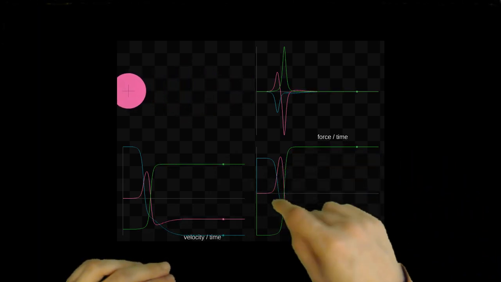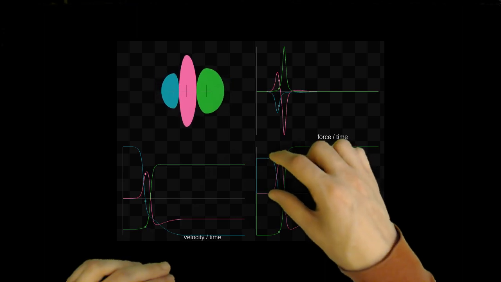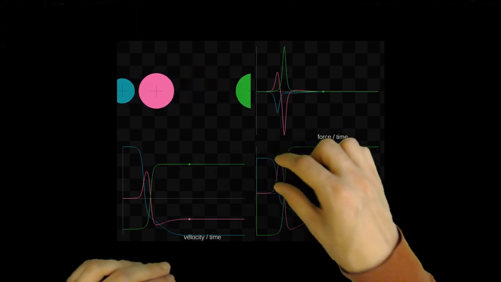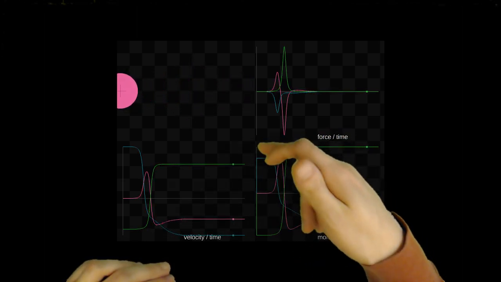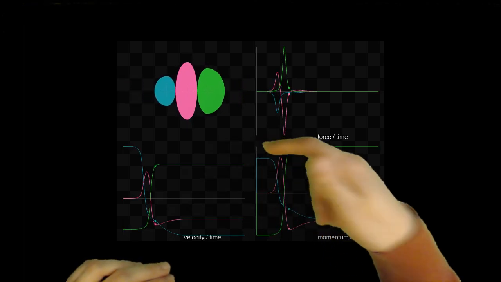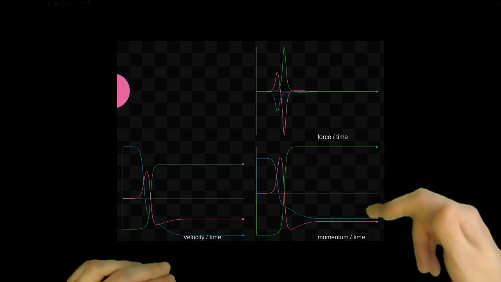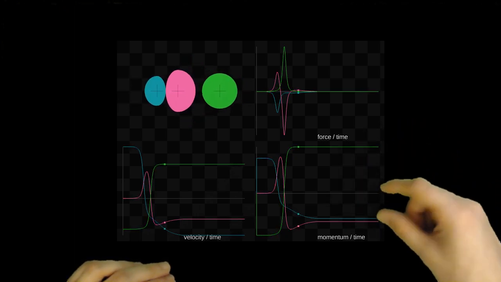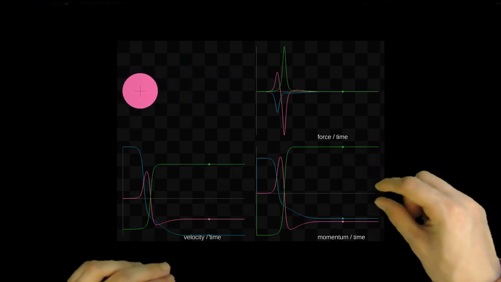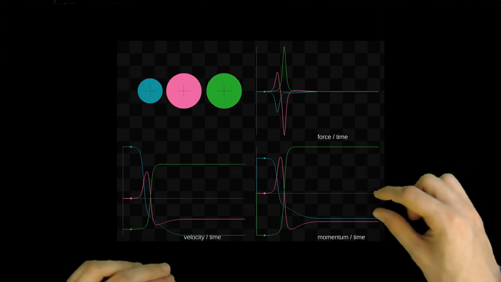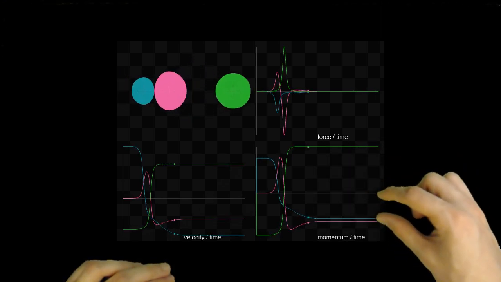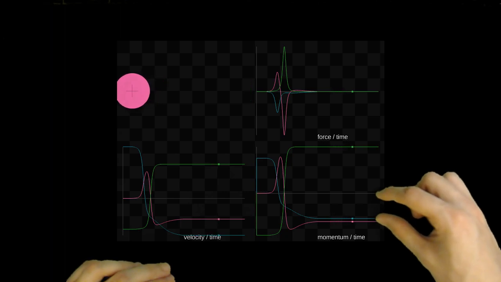It's hard to tell exactly as I'm measuring with my fingers, but the sums of all the momentums here should be exactly equal to the sums of the momentums over here, and you can kind of see that this one is about the same balance as well. Both of these are about this height.